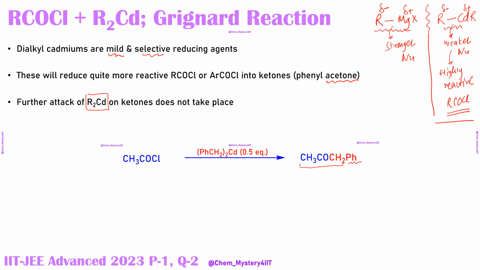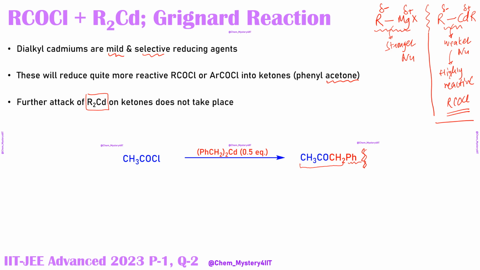Cadmium is much less electropositive in comparison to magnesium, so the polarity in the carbon-cadmium bond is much less than the polarity in the carbon-magnesium bond in the Grignard. That means this reaction will stop at this particular place.